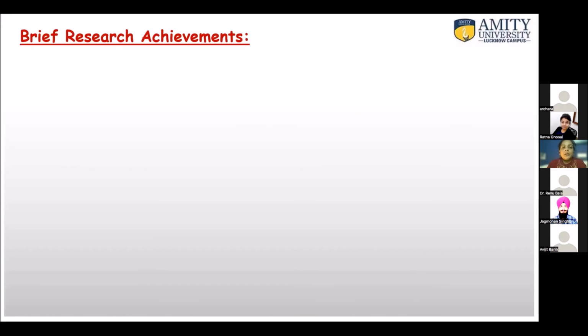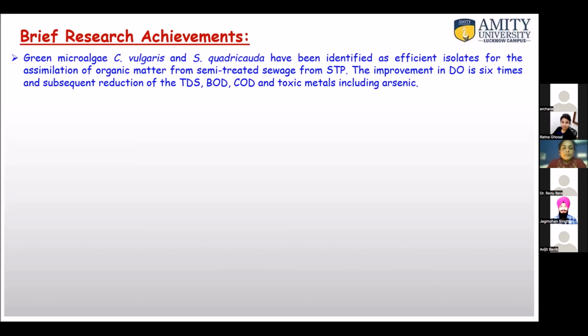So coming to the brief achievements of my research work, we have identified 2 different algae which are very efficient for the treatment of sewage from STP water, and it improves the DO, because if you grow algae in any water, it will improve the DO by releasing oxygen inside the water, and subsequently reduce the TDS, BOD, COD and toxic metals, including arsenic.